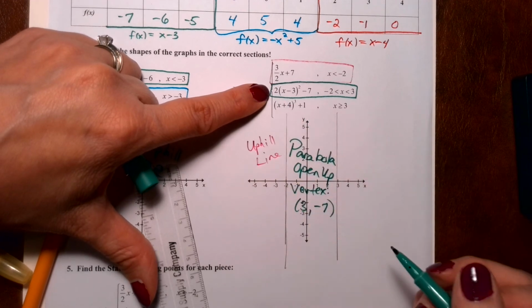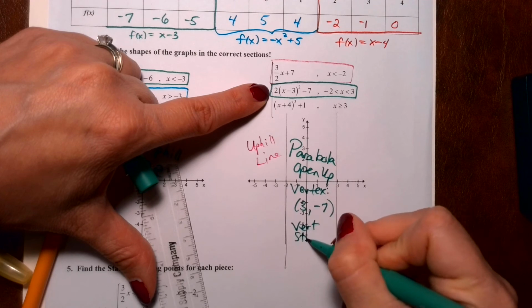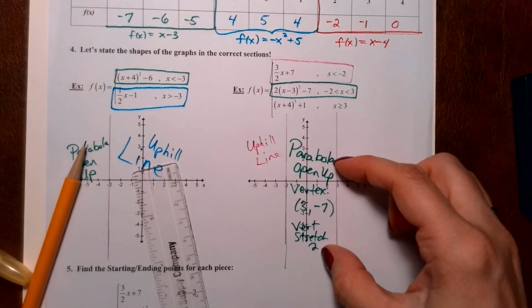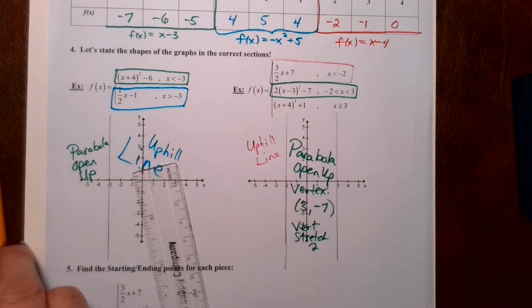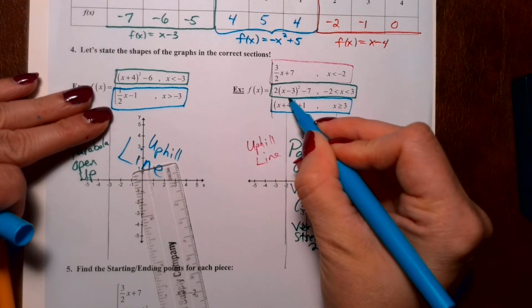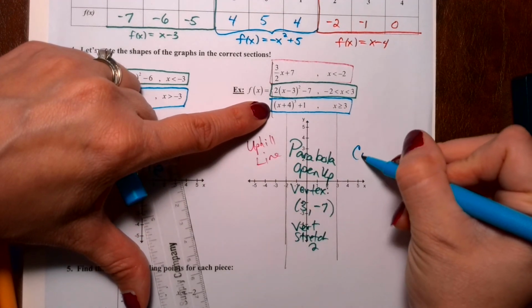And then there would be one transformation. What does that 2 mean? That's a vertical stretch of 2. So we are going to use all our transformation techniques when we go to graph that parabola, but we'll do that tomorrow. And then finally, this last piece right here, if you are more than or equal to -3, you are going to be a cubic.